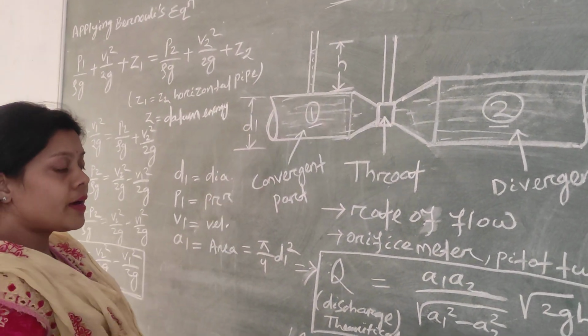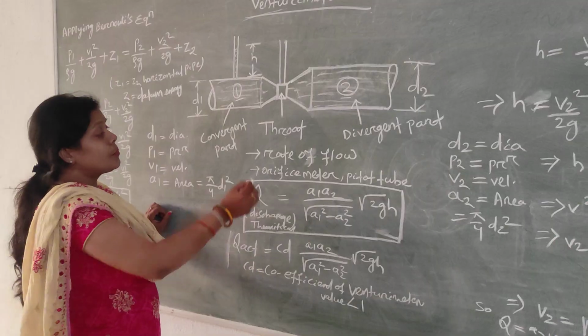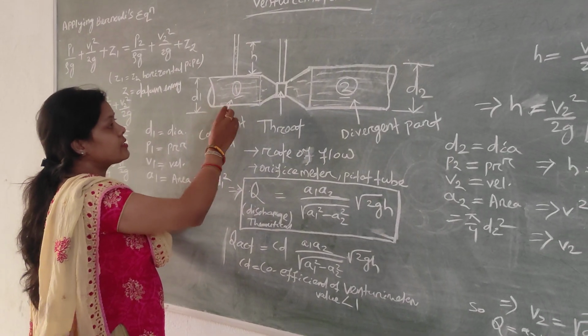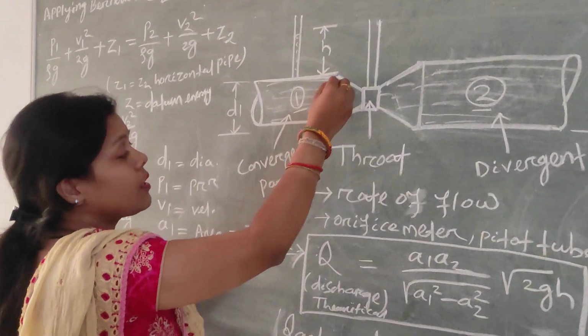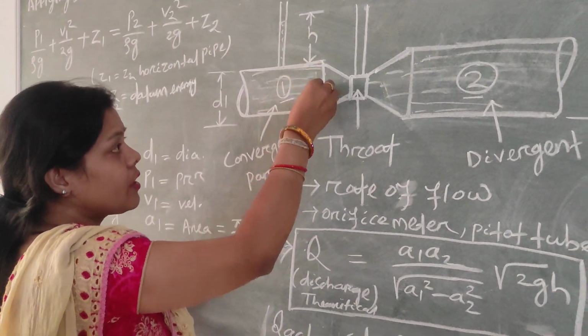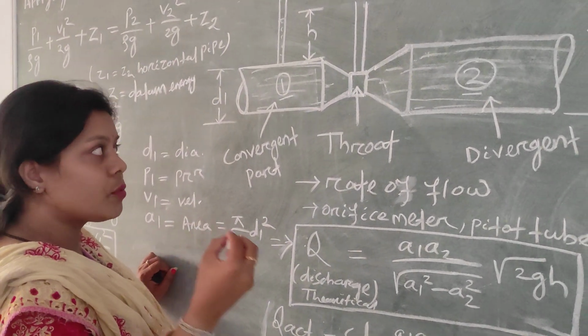The convergent part is where the fluid flow converges. The diameter of the convergent part should be equal to that of the pipe through which we measure the flow.